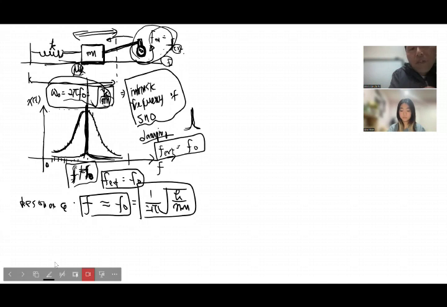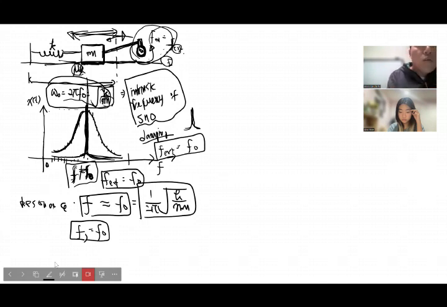So the frictional force is not dominant, is not large enough. Then at the resonance condition, so the external frequency is the same as the intrinsic or natural frequency, the magnitude of this displacement will be the maximum or the largest.